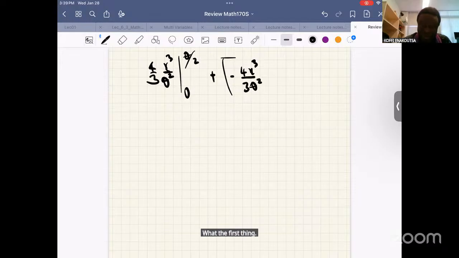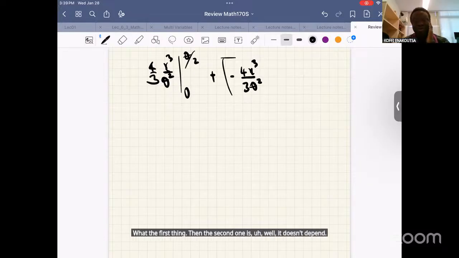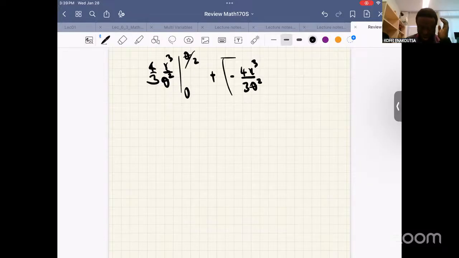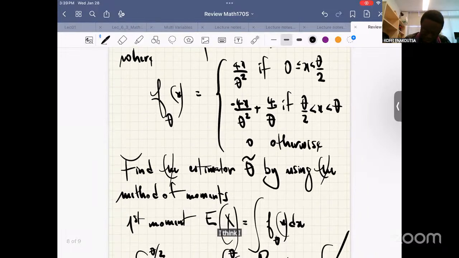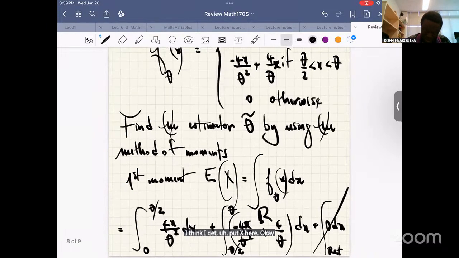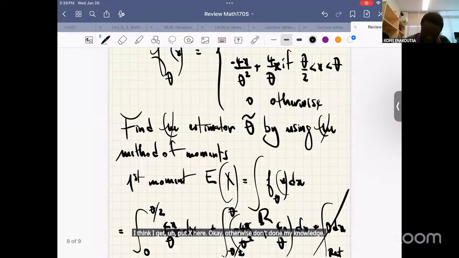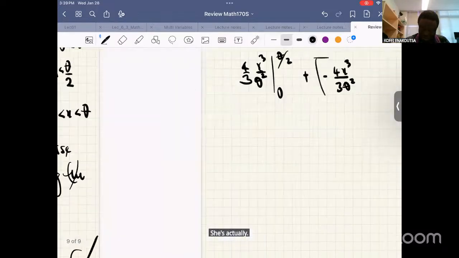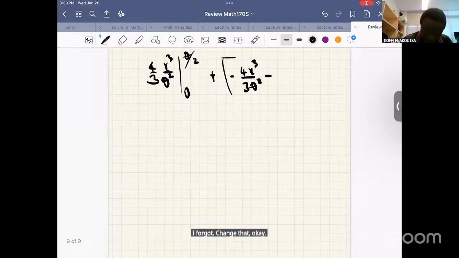Then the second one doesn't depend... Well, I need to put x here, otherwise that might not work. This x over here, I forgot. Change that. Okay, so plus 2.